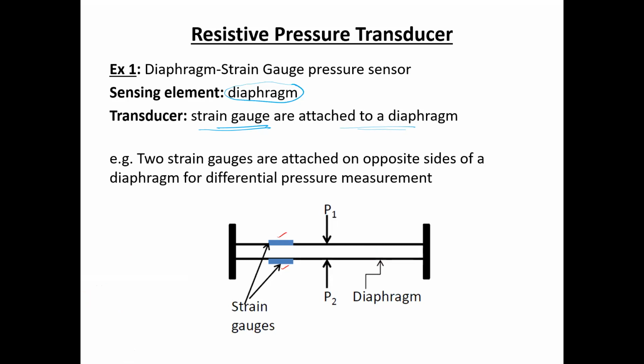Depending upon the pressure on the upper side and the lower side, the diaphragm will shift upwards or downwards. With respect to that, one strain gauge might get expanded and the other might get compressed, and that stress will cause a change in resistance in the two strain gauges. If the two strain gauges are connected in a bridge circuit, the corresponding change in voltage can be observed from the bridge circuit.